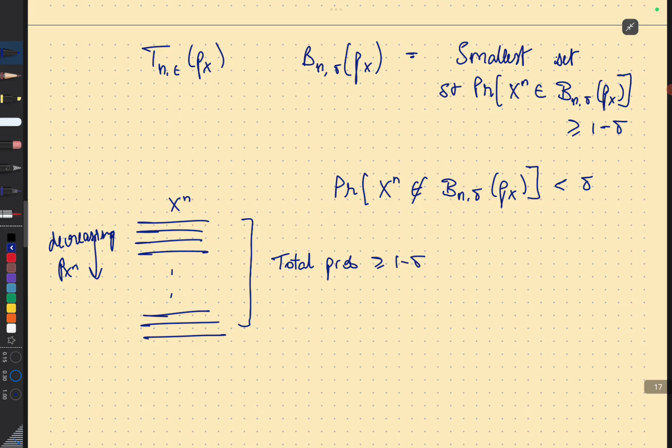When it just exceeds 1 minus delta, you stop. So if you remove any sequence from this list, then the total probability is less than 1 minus delta. If you add another sequence, it is greater than or equal to 1 minus delta. So that is my set B_n^delta of P_X.